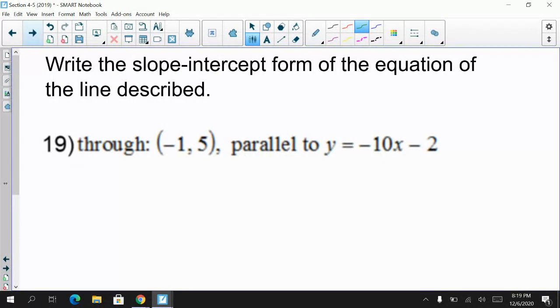Now we're going to do the exact same thing. So go ahead. I want you guys to take a couple minutes and try this on your own. These are a little more challenging. Solve for b. That's what I'm doing. So m is -10. We're parallel here. Here's x. Here's y.